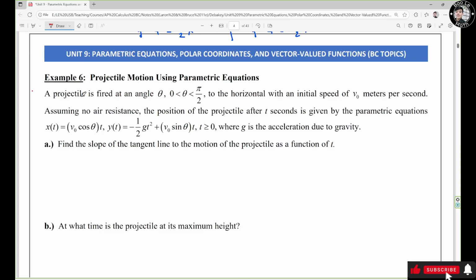A projectile is fired at an angle theta from 0 to pi over 2 to the horizontal with an initial speed v0 meters per second.